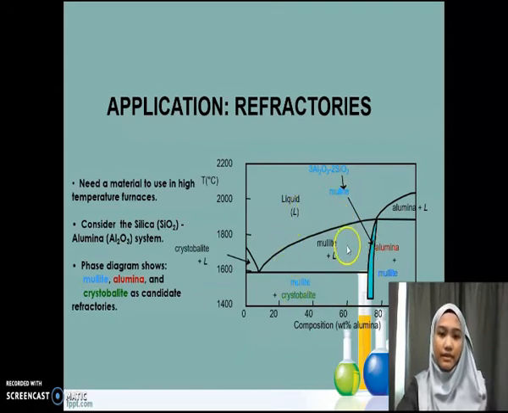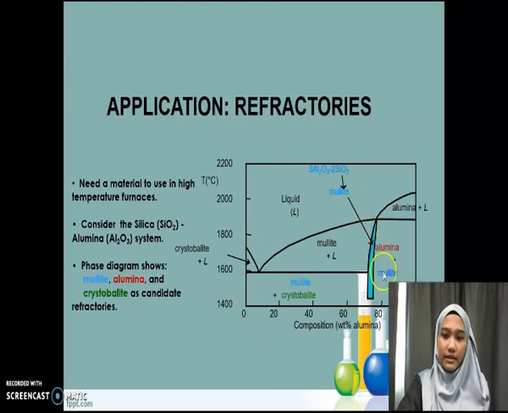So this material can be used as refractories also, but at this part, the blue one, with about the composition of alumina is about 77% and the temperature is above 1400 degrees Celsius.